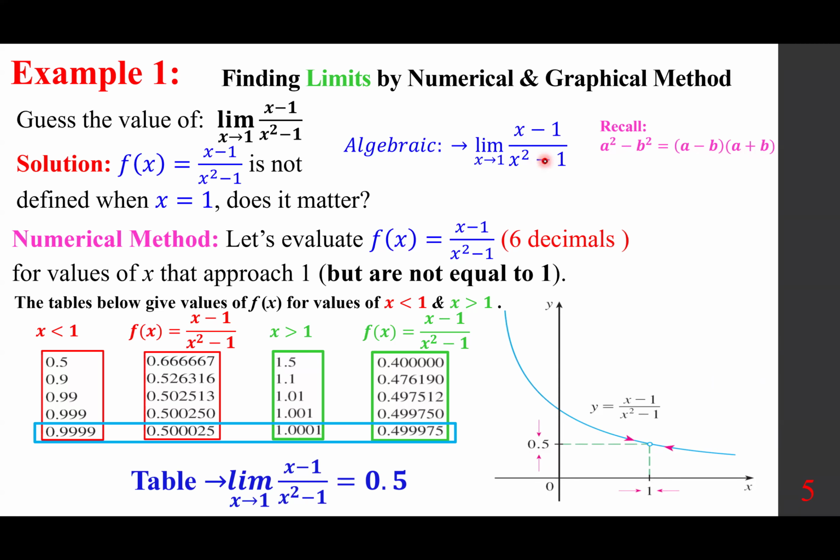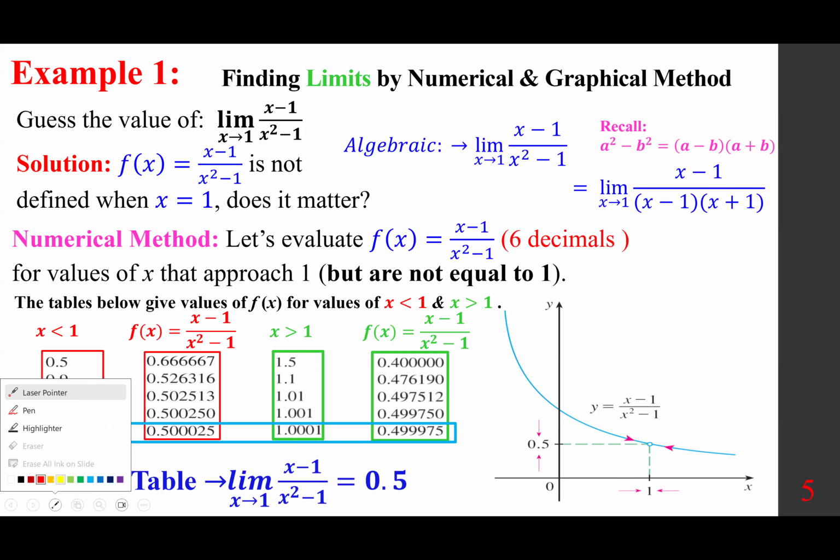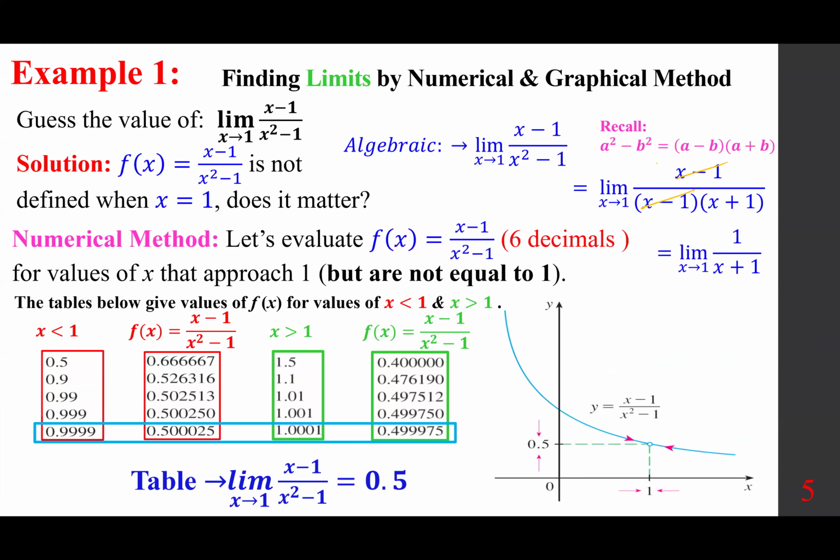This becomes x minus 1 times x plus 1. You drop the common factor, and the numerator becomes 1 over x plus 1. If I plug in 1, I get 1/2, which is identical to what we got. Again, this is the method you're supposed to use, the algebraic method, to prove that the answer is 1/2.